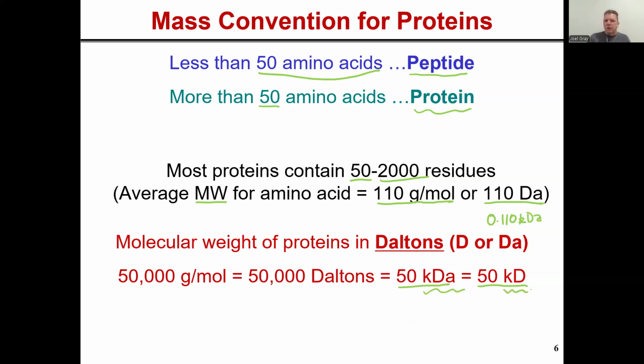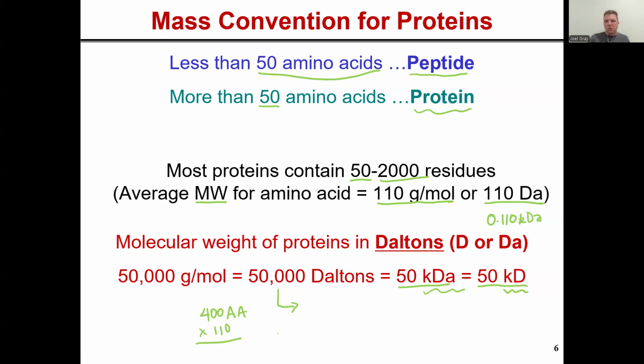And I say that just because let's make some very rough estimates. If you have a molecule that's 50,000 Daltons, well, let's see, how large is that? Is that going to be a peptide or a protein? It's going to be a protein. How large is it? Well, if it's 400 amino acids, that's 400 times 110.